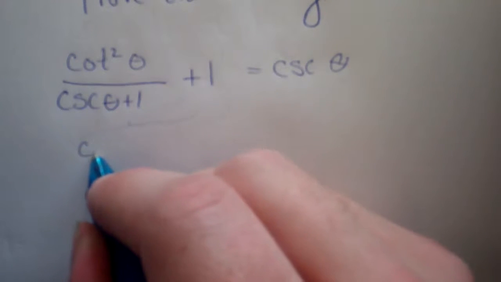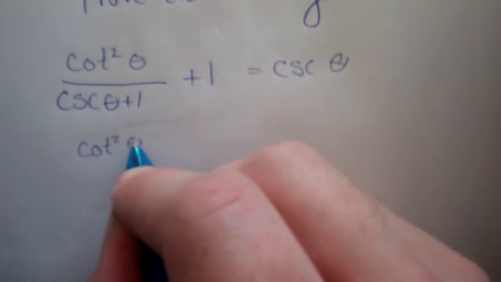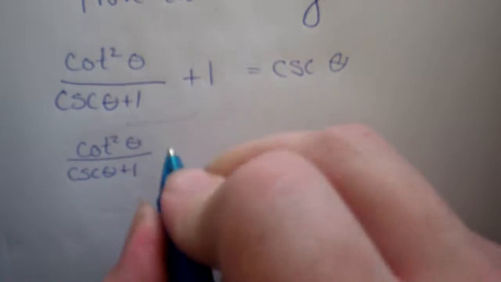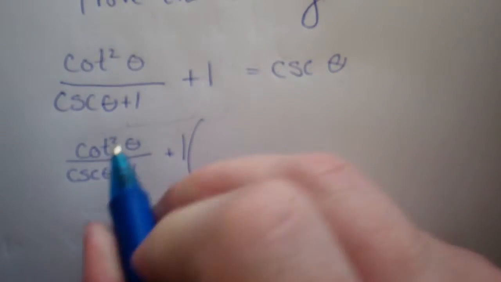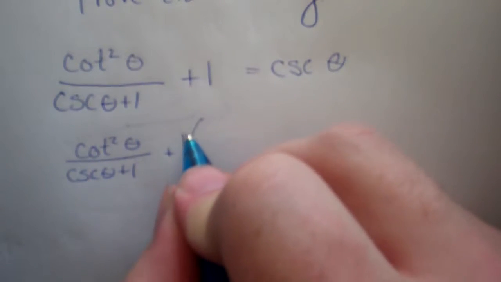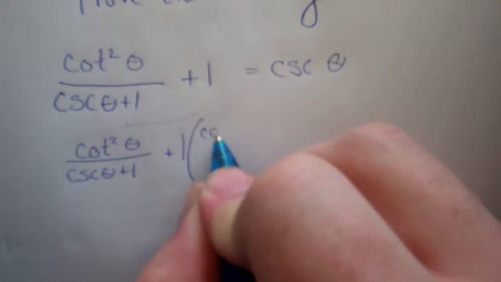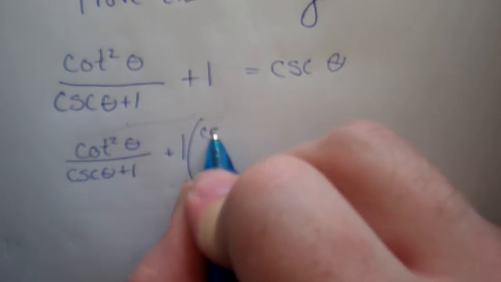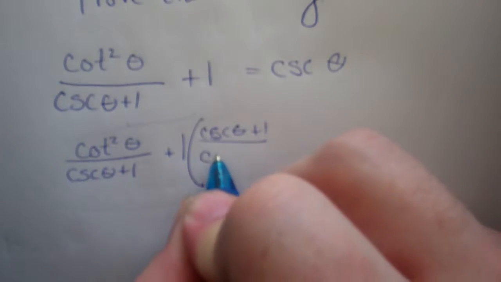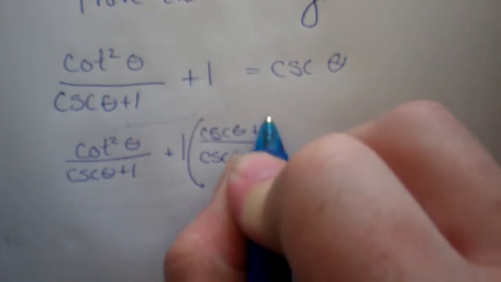So we have to give this the same denominator, and I'll do that right now. So this is going to become the cotangent squared theta over the cosecant of theta plus 1, and here we're going to give it the common denominator. So we take this denominator and multiply this term by the cosecant of theta plus 1, divided by the cosecant of theta plus 1.